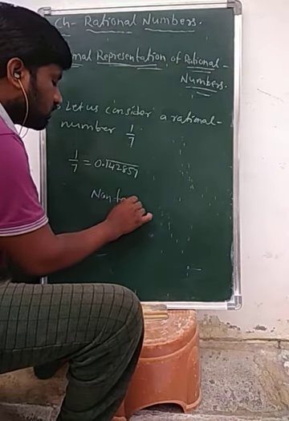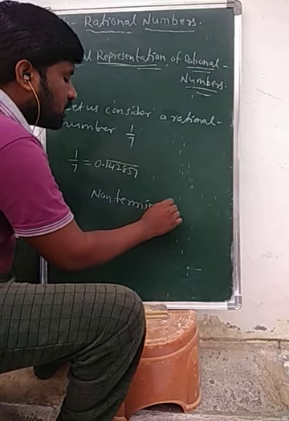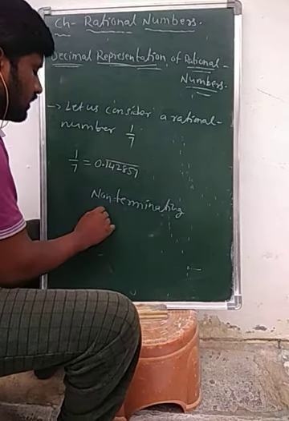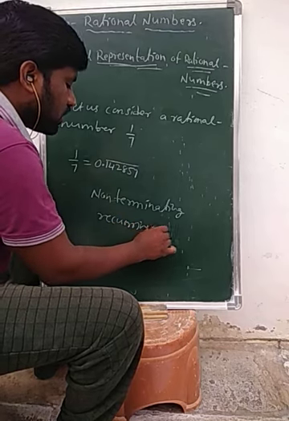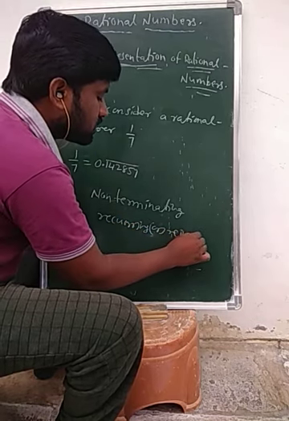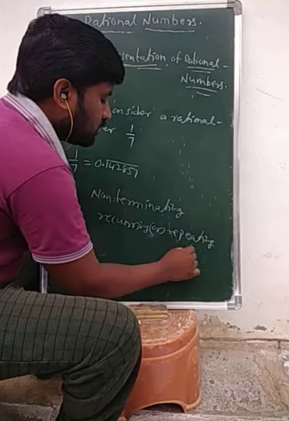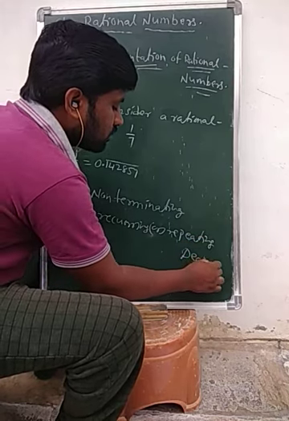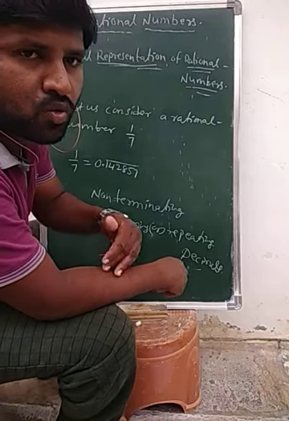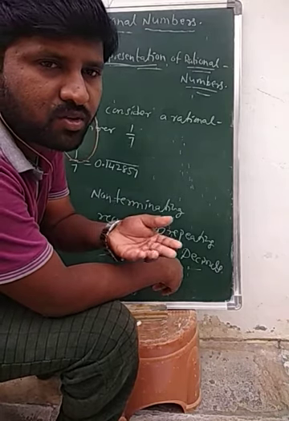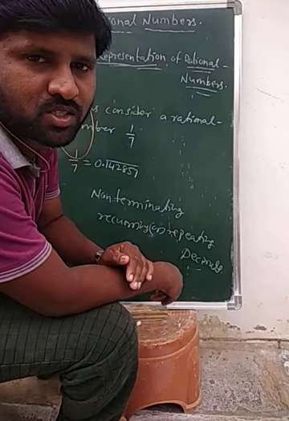Okay now. This kind of decimal numbers we call non-terminating recurring or repeating decimals. Is it clear, students? Like that we can find the decimal form of rational numbers by doing actual division.